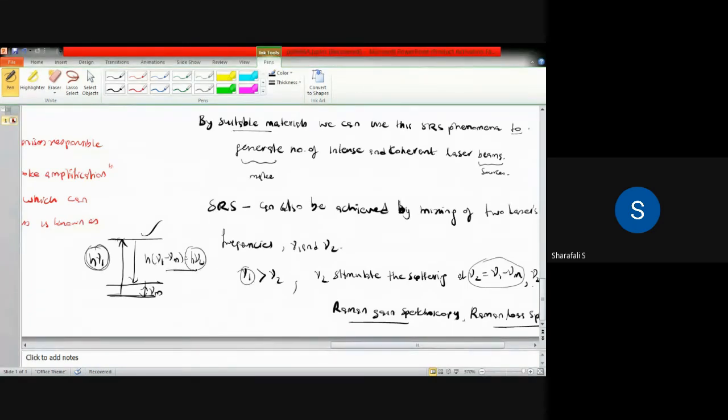So this one will have some kind of stimulation in here. So mu2 will be stimulated in this scattering process. This mu2 frequency will be stimulated. By this means also we can generate stimulated Raman scattering by using two different frequencies. By this way also we can.